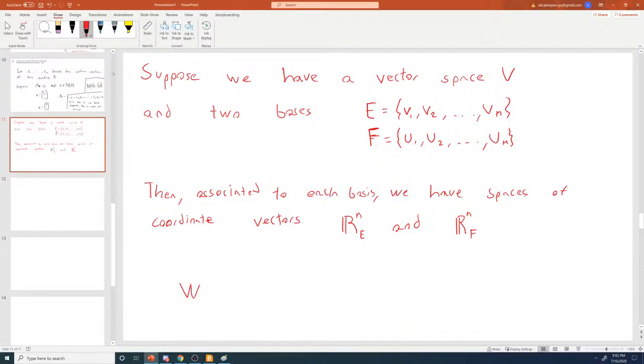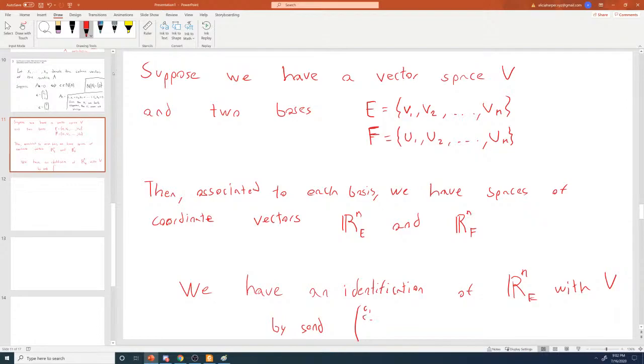We have an identification of Rn E with V by sending, say, a vector c1, c2, through cn, to the vector c1 v1 plus c2 v2 plus and so on, plus cn vn.